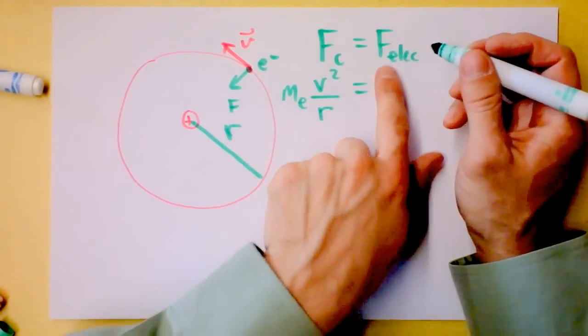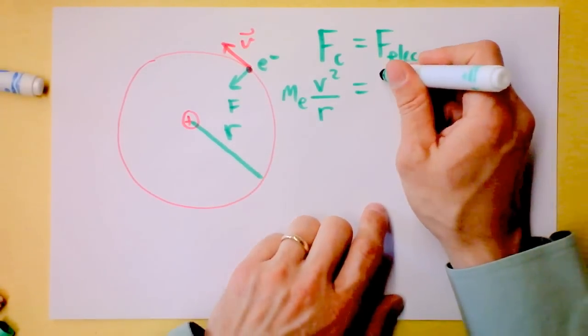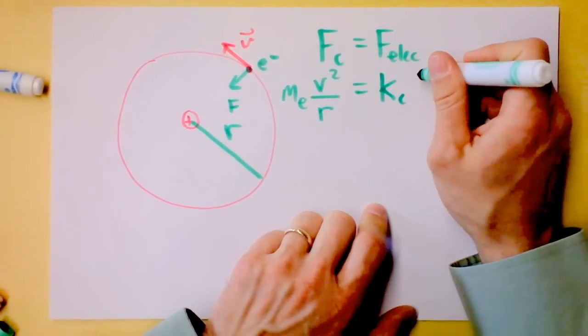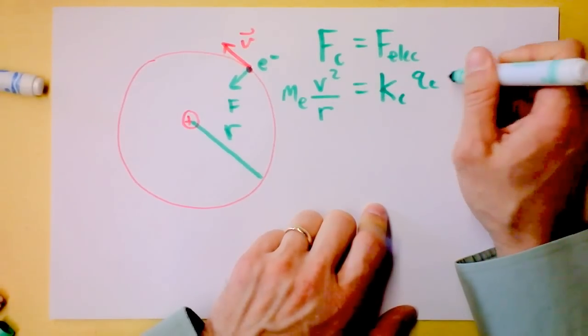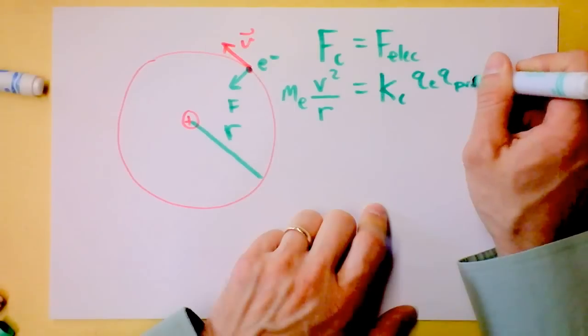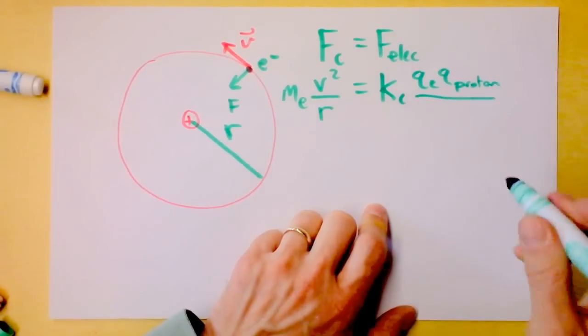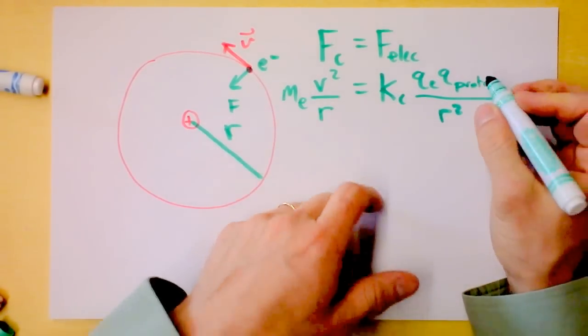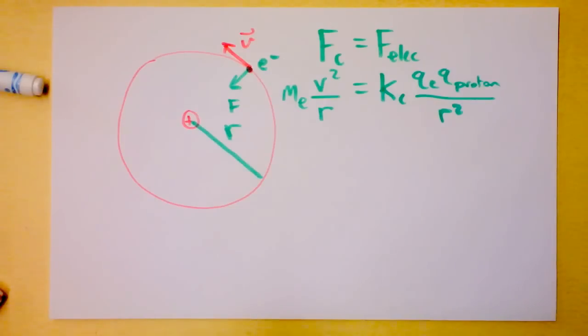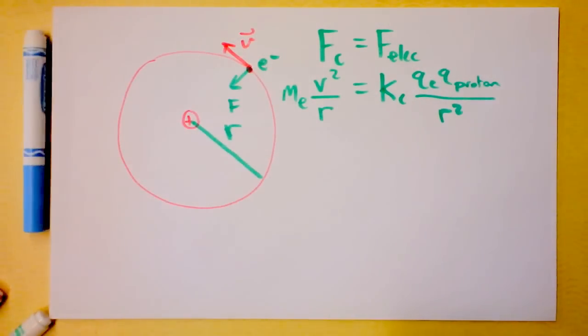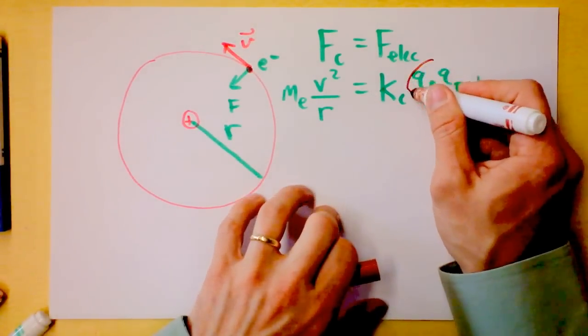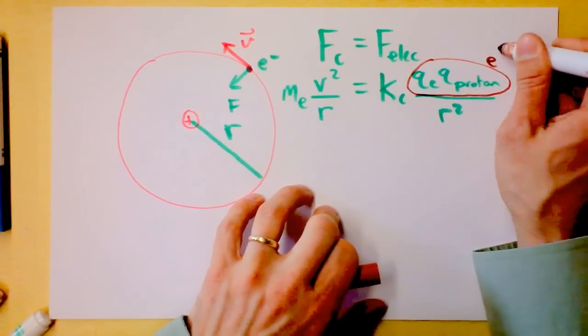And then I'm going to say that's equal to the electric force, which is Coulomb's constant times the charge of the electron times the charge of the proton divided by the radius of the orbit squared. Now, let's go brown. These guys are each the fundamental charge, so I can write that as e squared.